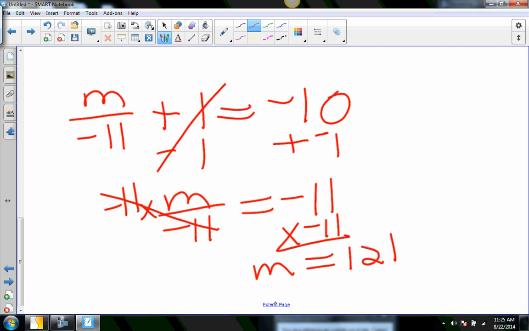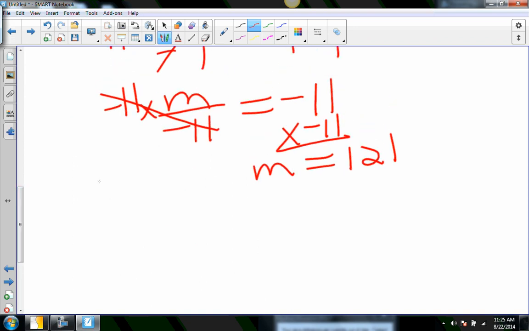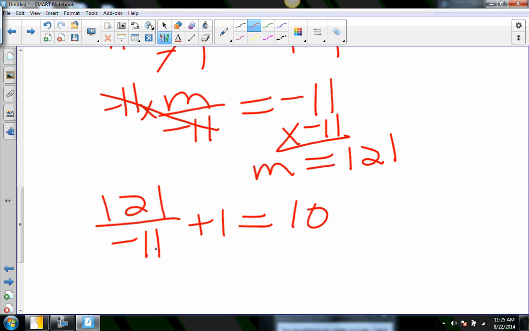And again, I can check my work, plug it in for m. 121 divided by negative 11 plus 1, does that equal negative 10? 121 divided by negative 11, one negative here would make it negative 11, plus 1.